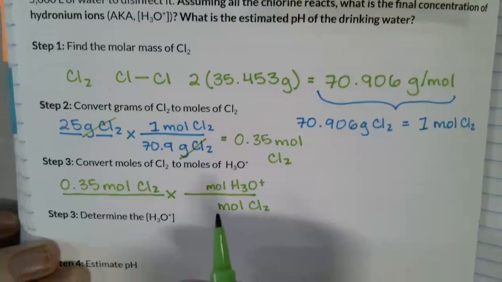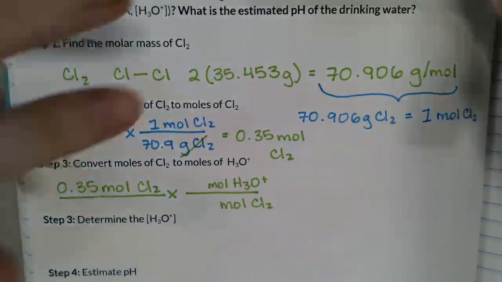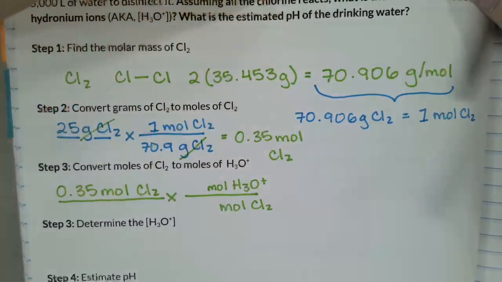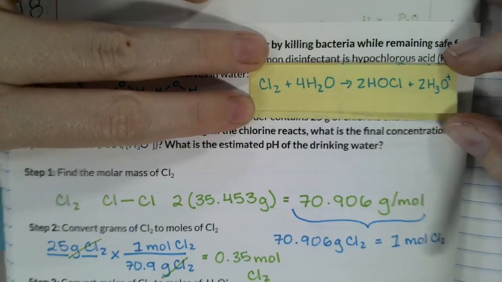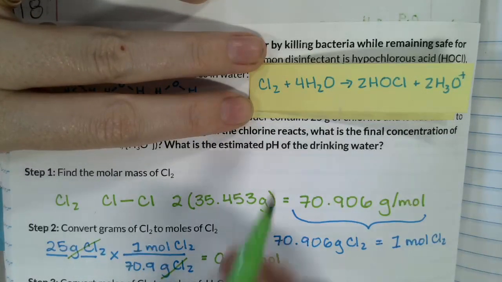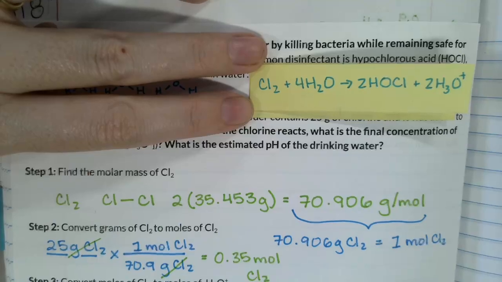Now, let's take a look up here and see what the ratio is. When you're going moles to moles, the good news is it's already been figured out for you, because that's what this chemical reaction is. So you tell me, how many moles of Cl2 equals how many moles of H3O+? Okay.